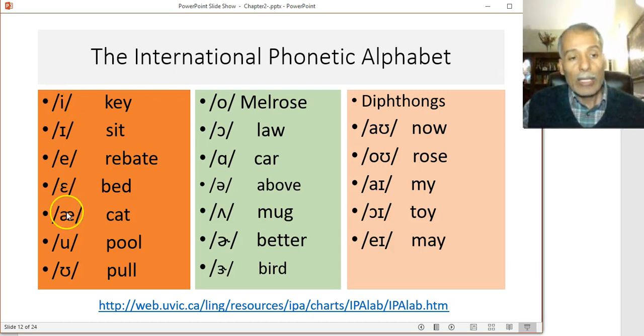And when you say these, you say them the way that you say them. You are not reading letters. So you don't say I. That is not an I. This symbol is E, as in the word key. So when you say this, you say E, again, key.